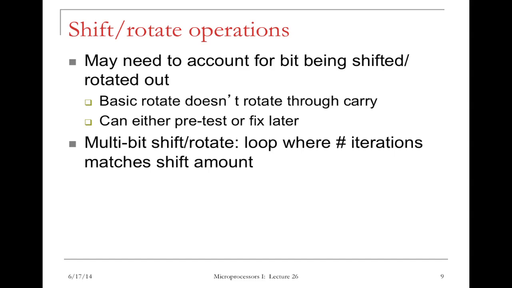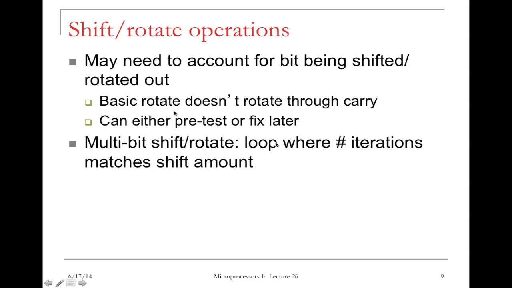For shift and rotate operations, we'll need to account for a bit being shifted and rotated out. In x86, basic rotation does not rotate through the carry bit, and we can either pretest or fix the value later.